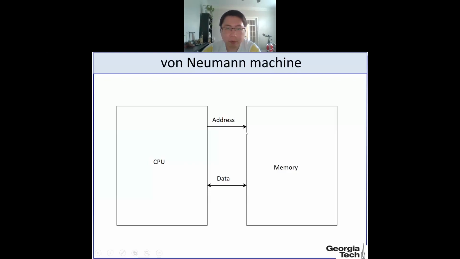So those data will be stored in the memory component of the system. Here we have the generic box representing the memory, and you are going to store the data in the memory. So the processor needs to give an address to the memory component to fetch the data, and then you fetch the data back to the processor to do the computation.